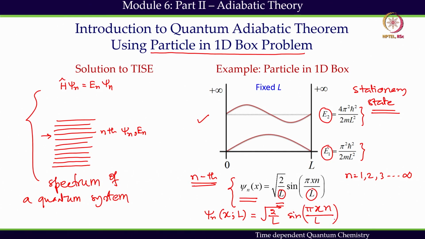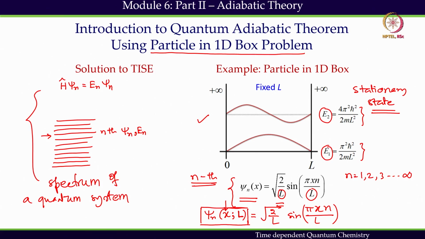What we are doing here to define the notation of this wave function is that we have used L as a parameter, and anything we write as a parameter will be separated from the variable. The variable is the x coordinate here, the position coordinate, but the parameter is separated from the variable by a semicolon.